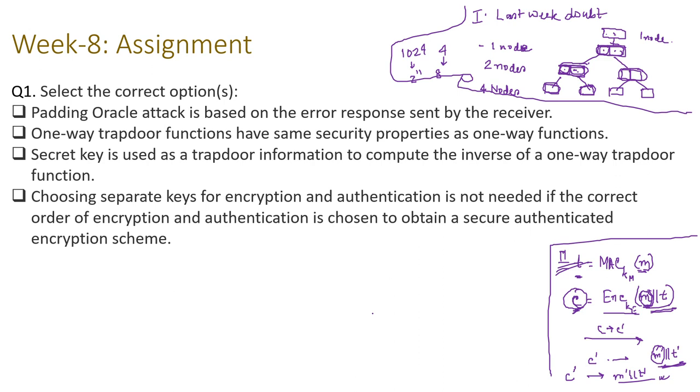However, the way this question is constructed, it essentially says whether they are exactly similar, which is not right. In a one-way trapdoor function, you have this extra trapdoor information, which you can utilize in some application. It is completely up to the application whether you want to use a one-way function or a one-way trapdoor function.